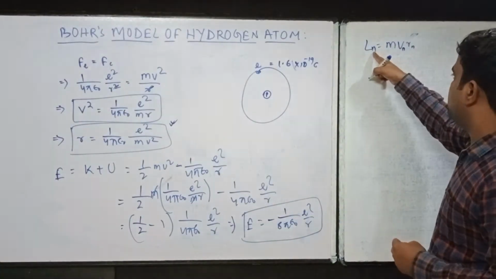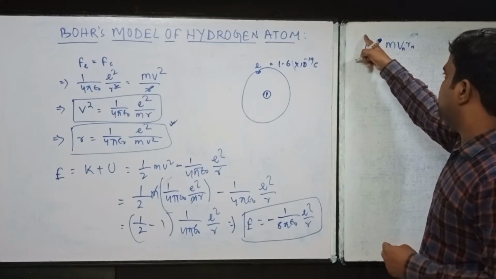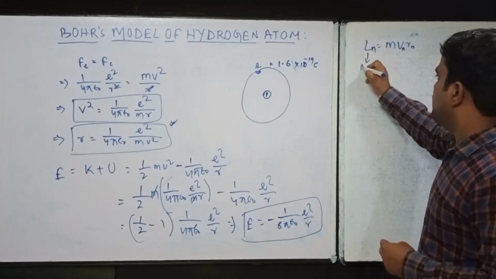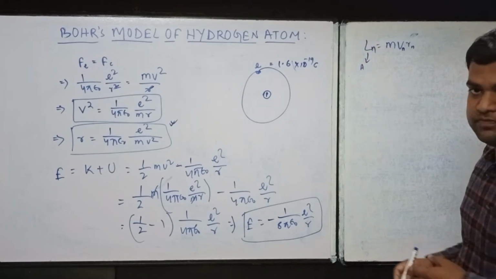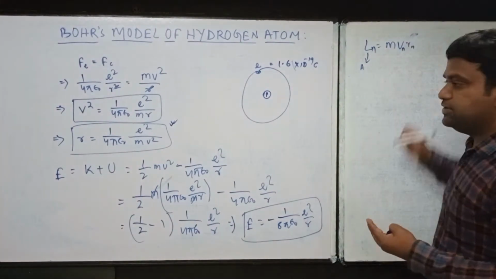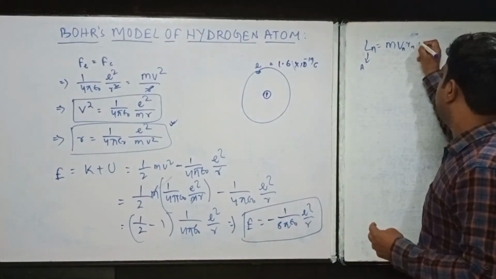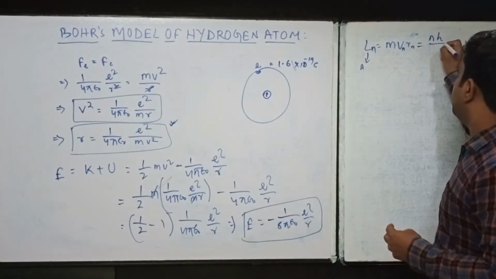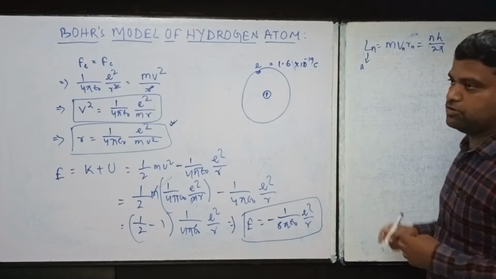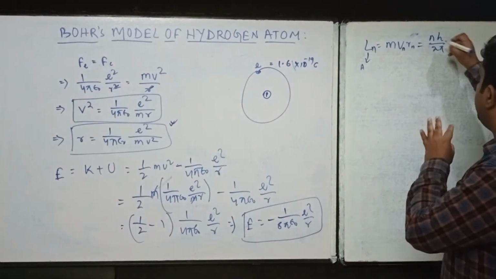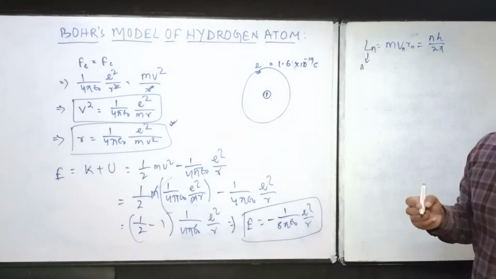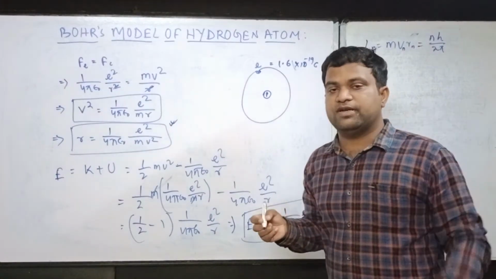So the angular momentum of the nth orbit is mvRn, and the allowed states are nh by 2 pi, or n h-cut, where n is 1, 2, 3, like first orbit, second orbit, like that.